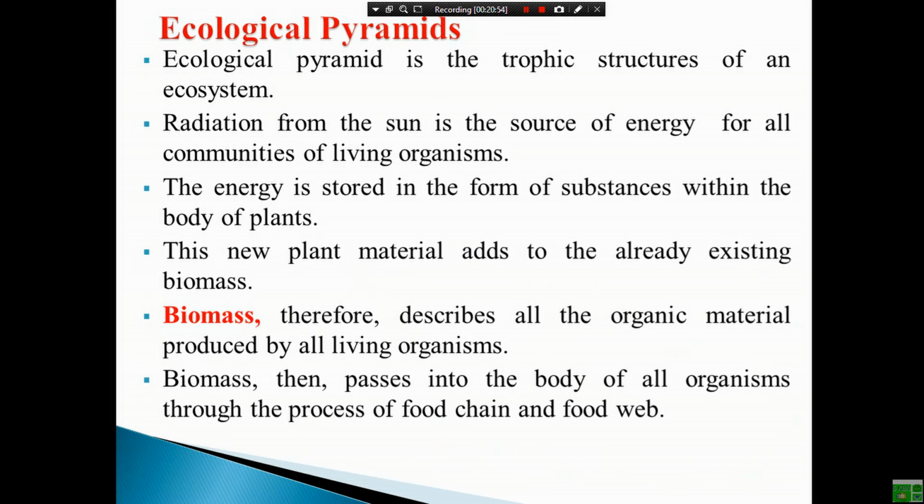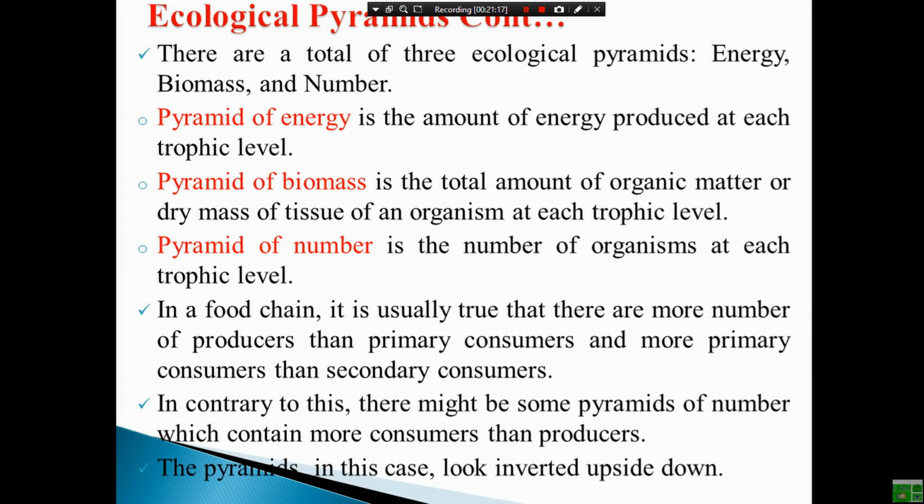The energy is stored in the form of substance within the body of plants. This new plant material adds to the already existing biomass. Biomass describes all the organic material produced by all living organisms. Biomass then passes into the body of all organisms through the process of food chain and food web. There are a total of 3 ecological pyramids: pyramid of energy, pyramid of biomass, and pyramid of number.